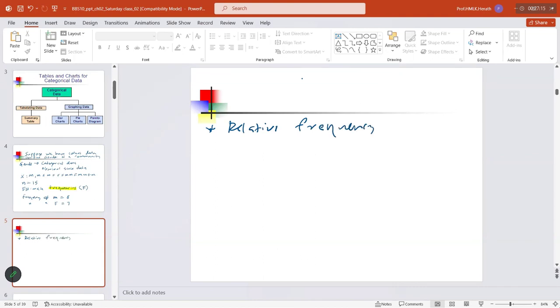Relative frequency is frequency divided by n, where n is the sample size.